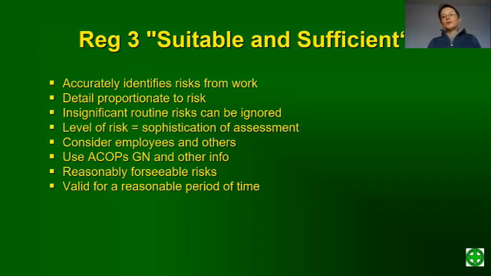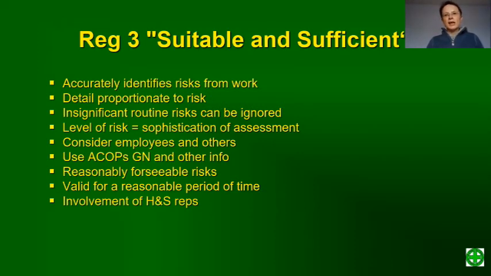You do your suitable and sufficient assessment in a way that it's valid for a reasonable period of time. There isn't a deadline. The higher the risk, you might review it in 3 months. The lower the risk, you might review it in a year's time, but do it in a way that it remains valid for a reasonable period of time. You shouldn't be doing one today and then have to redo it next week. That isn't the purpose of it.